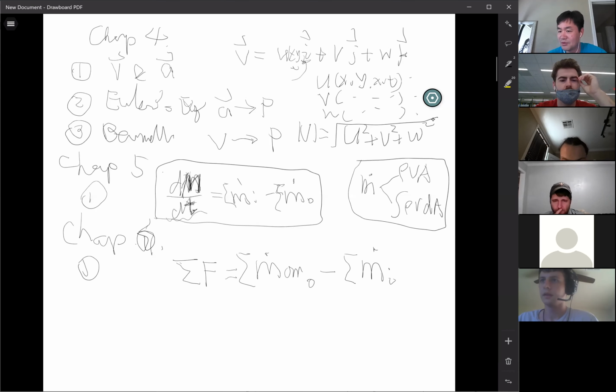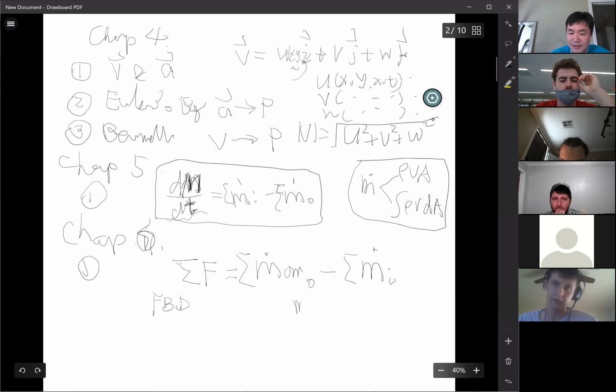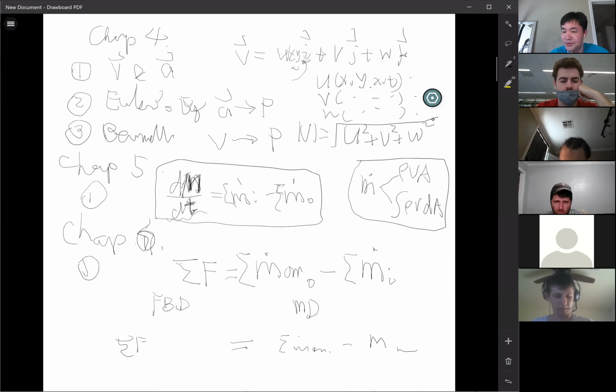If I give you a conservation of momentum problem, you solve it by drawing the free body diagram and the momentum diagram, then putting the equal sign, writing the summation of force and the summation of momentum out and momentum in. Then expand these equations, and you can calculate one unknown.